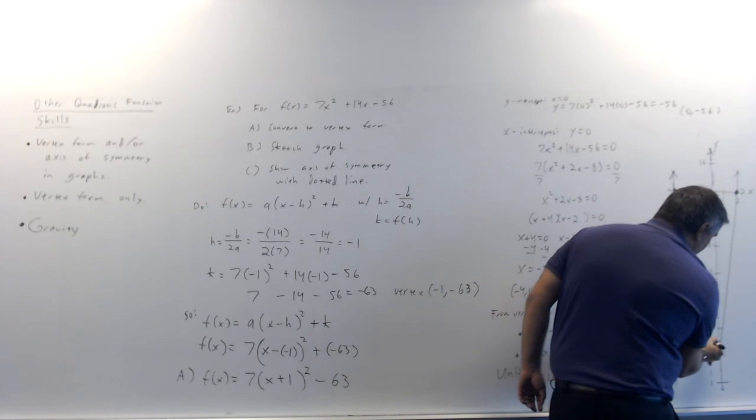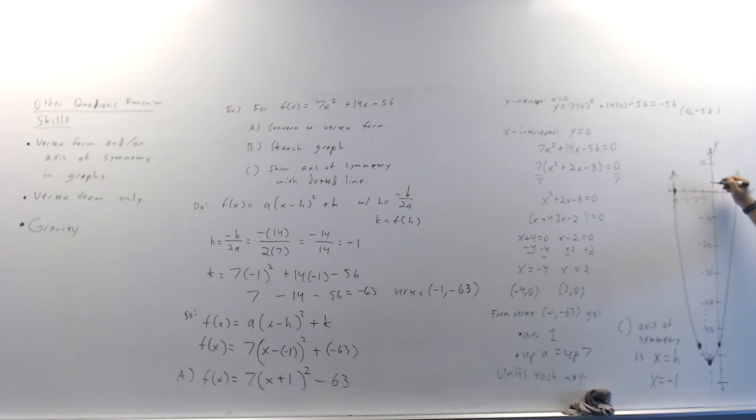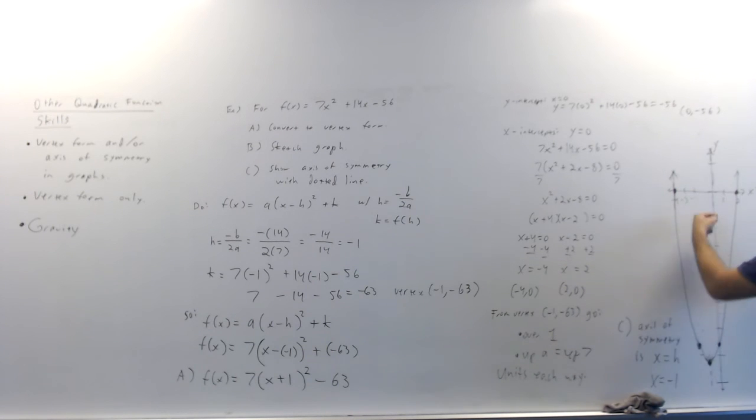It is a vertical line that cuts the quadratic in half and goes through the vertex. Okay, the axis of symmetry.